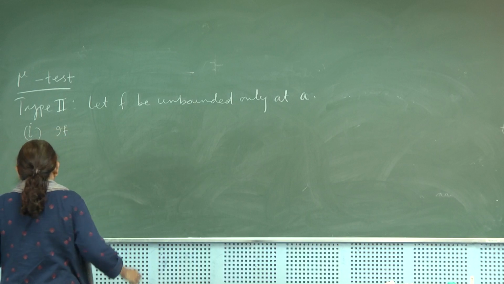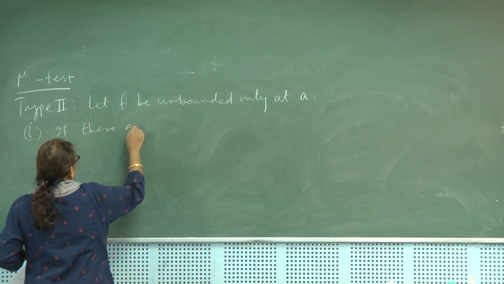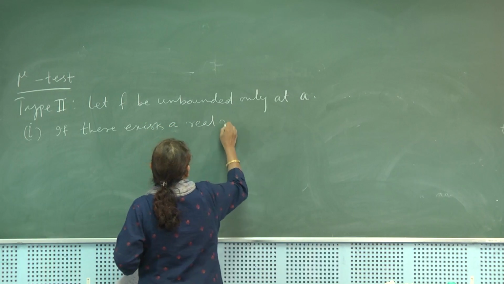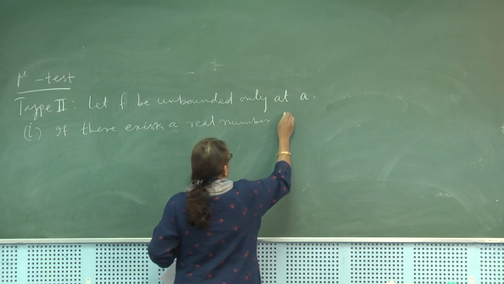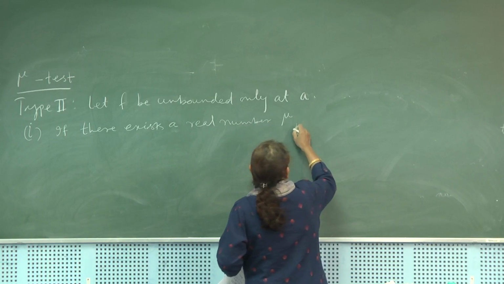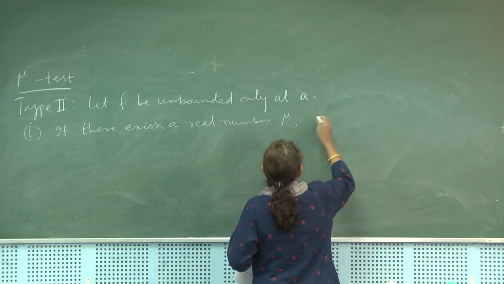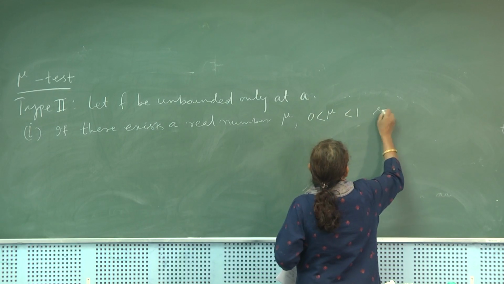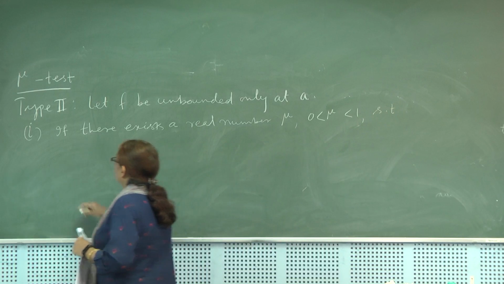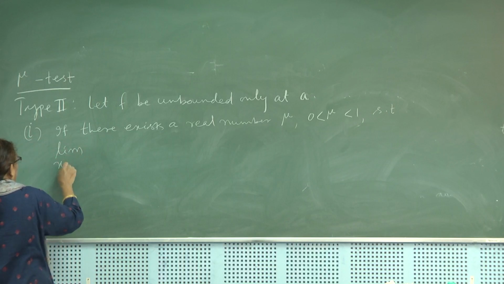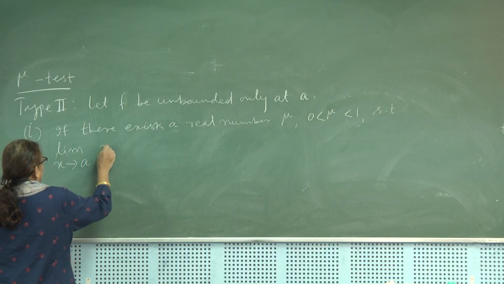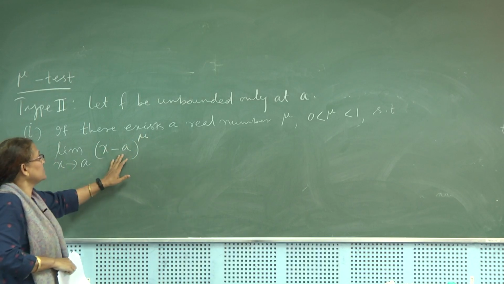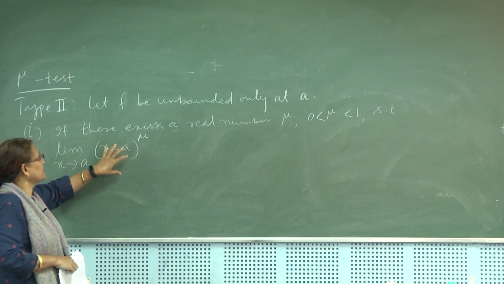If there exists a real number mu, of course, here this mu is greater than 0 and less than 1, such that the limit as x tends to a of x minus a, whole to the power mu, multiplied by f x, because the function is unbounded only at a, that is why we are considering this factor.